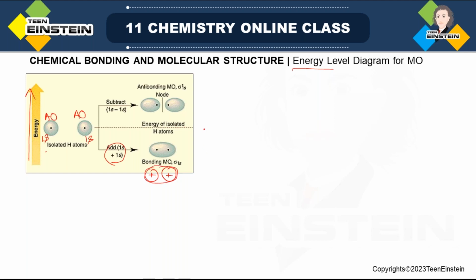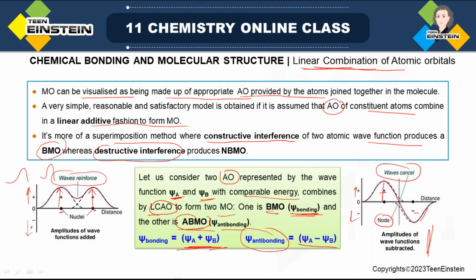But the other possibility, and also an important point, see, these two atomic orbitals, this is the corresponding energy level. But when it is BMO, the energy level is lower compared to this level. When it is ABMO, then there will be this type of gap, that is the same amount, but now it is towards the higher energy side.